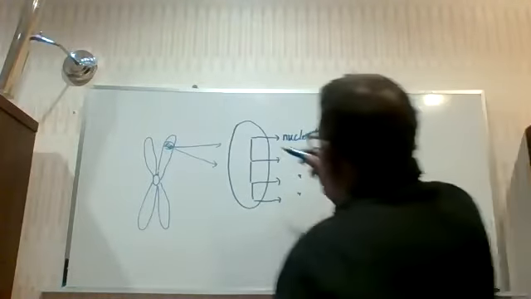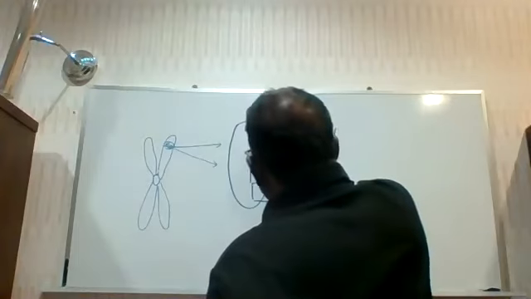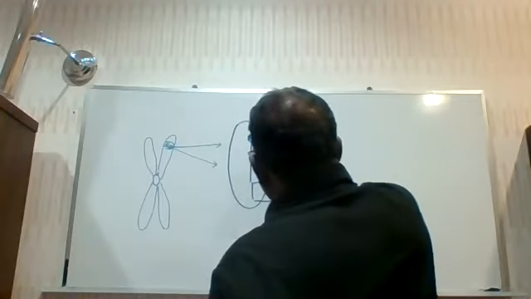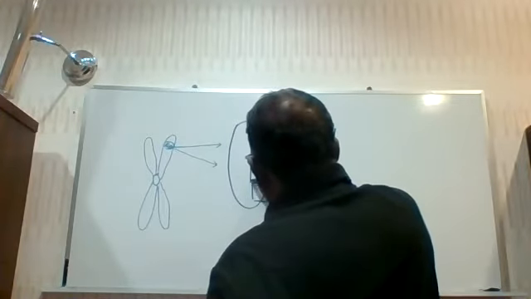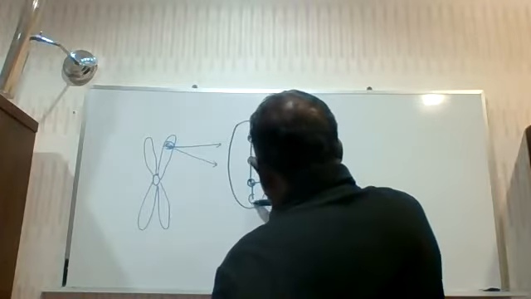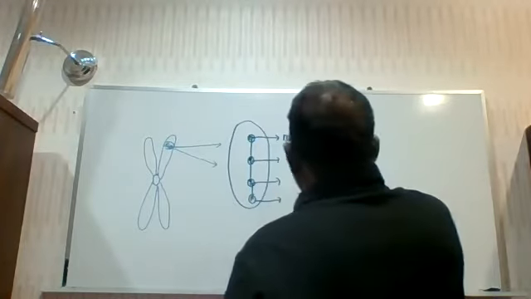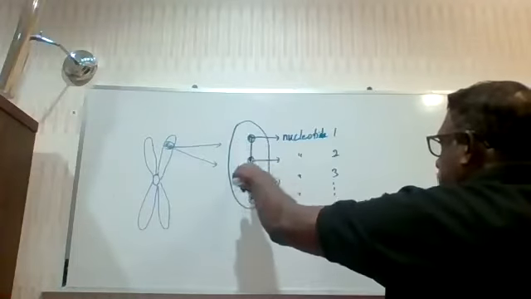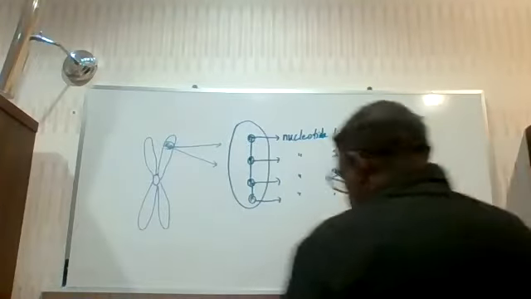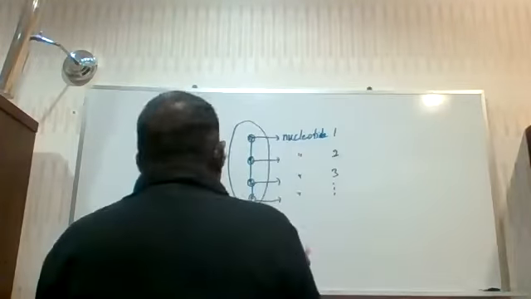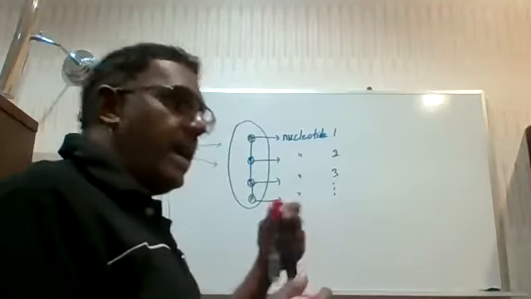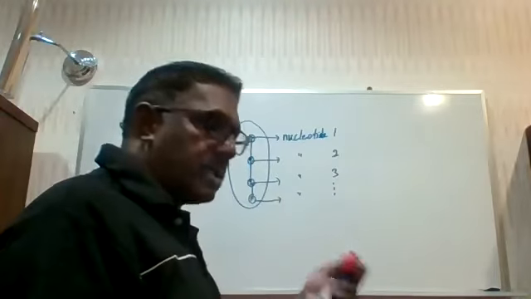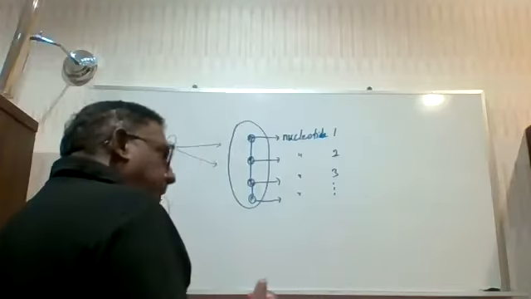Now, in each nucleotide, there is a nitrogenous base. Now, the sequence of the nitrogenous bases. Let's say this is nitrogenous base 1. For example, the nitrogenous bases are adenine, guanine, cytosine, and thymine.